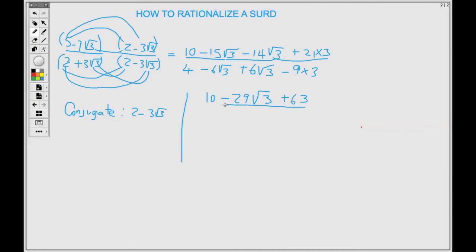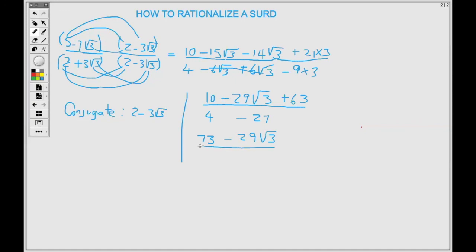In the denominator, we have some cancellation. So the minus 6 root 3 plus the 6 root 3, they cancel. And 9 threes, 27. And we'll have a minus 27 because minus 9 times 3. Now 10 plus 63, that's 73. And then we have the 29 root 3.